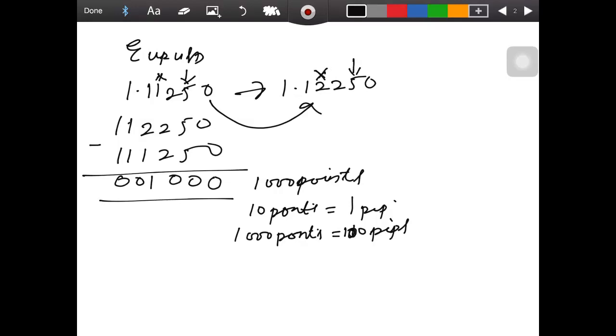So that will be 125, that is 225 minus 125, that gives you 100 pips. That is the experienced way of doing it. But for beginners, you do the raw calculations and you break it down like this.